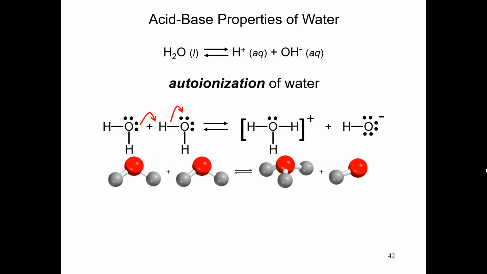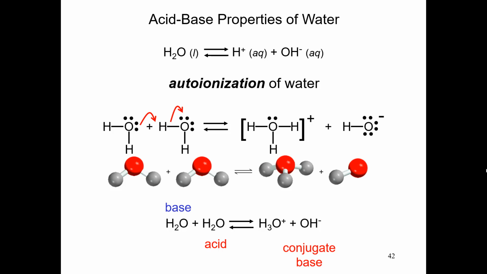If we were to look at it with these models here, we can see that in this equation, there's actually two molecules of water participating, right? And we would say that one of them is going to be acting as the acid or the proton donor, and the other one is going to be acting as the base. Now, the proton donor one produces hydroxide ion, which would then be the conjugate base.